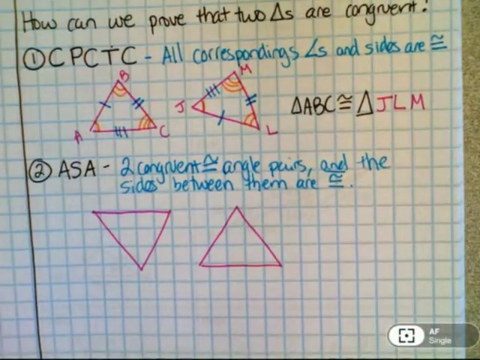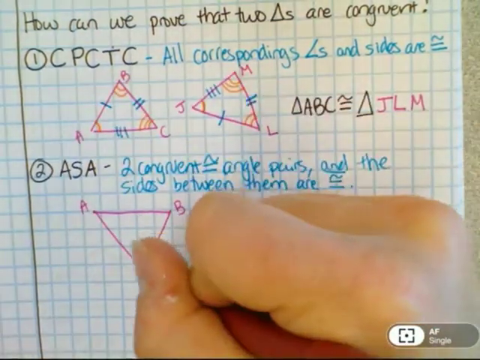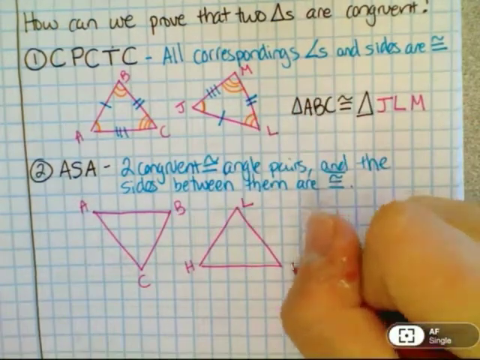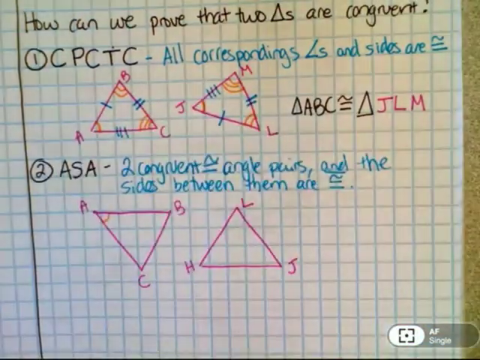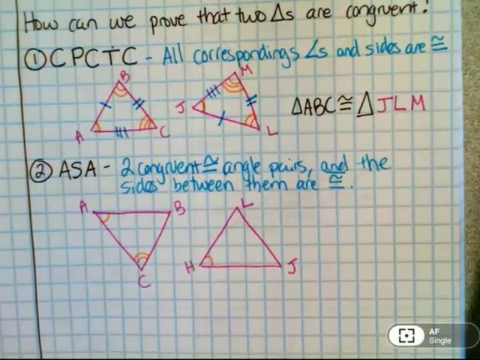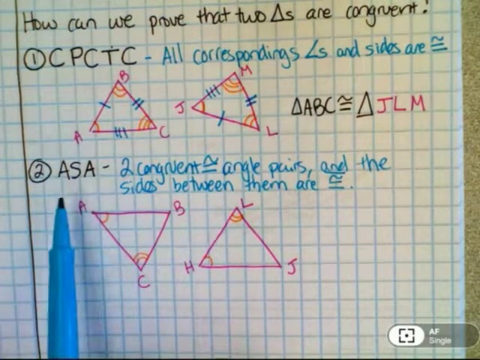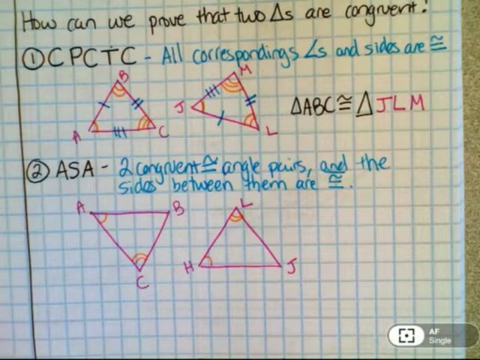So give yourself 2 triangles like that, and we're going to go A, B, C, H, L, J. And then we've got angle A congruent with angle H, angle C congruent with angle L. And then to mark the congruent sides, if I'm going to be using ASA, I need to make sure that the congruent side pair is between the congruent angles.